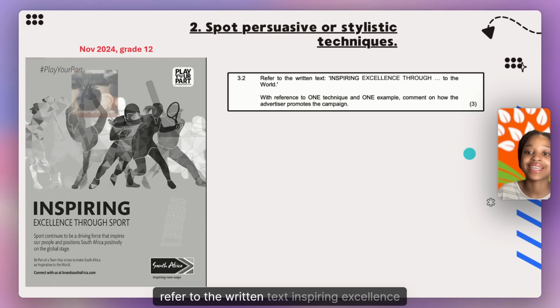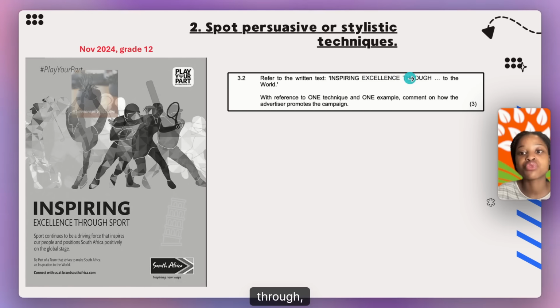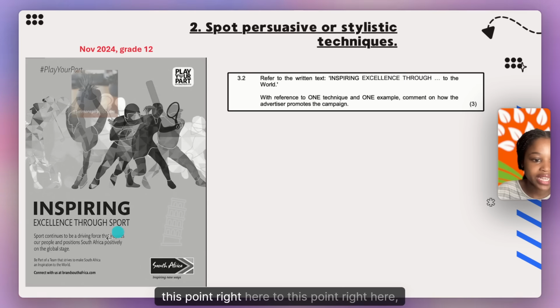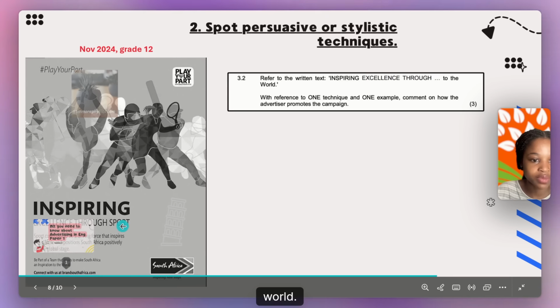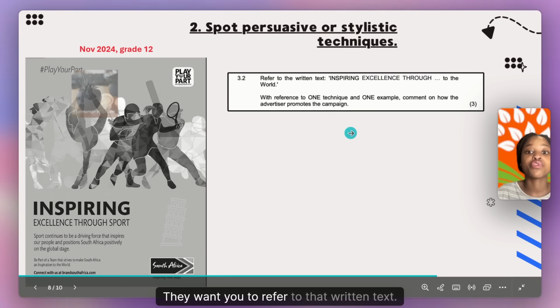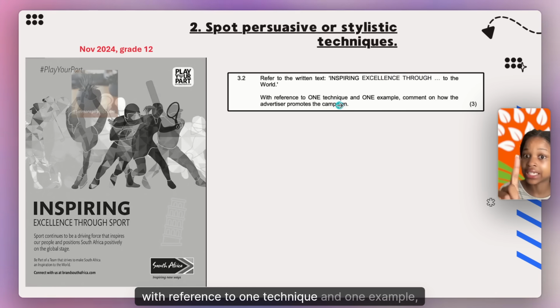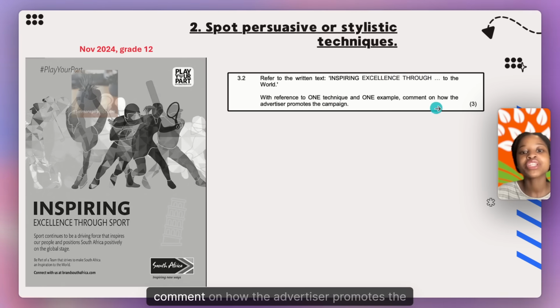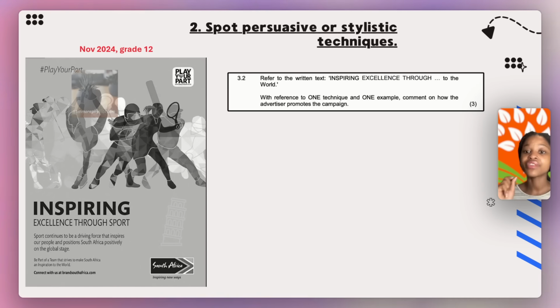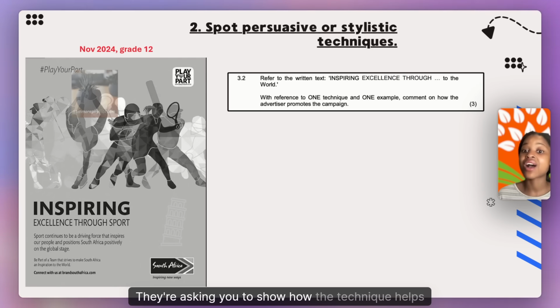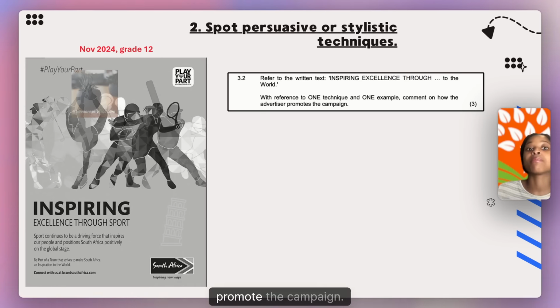They said, refer to the written text, inspiring excellence through, ellipsis to the world. So from this point right here to this point right here, world. They want you to refer to that written text. They ask you, with reference to one technique and one example, comment on how the advertiser promotes the campaign. Can you see? They're asking you to show how the technique helps promote the campaign.